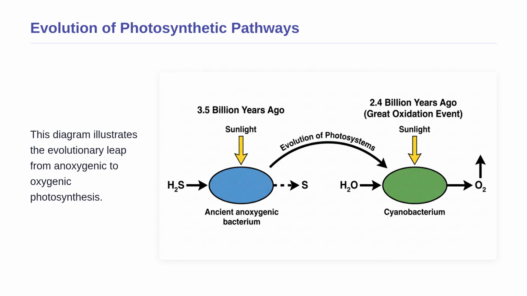Following the large evolutionary arrow to the right, we arrive at 2.4 billion years ago. Here, the cyanobacterium uses evolved photosystems to take in sunlight and water, releasing oxygen gas. This simple visual captures the profound biological shift that ultimately oxygenated our entire planet.